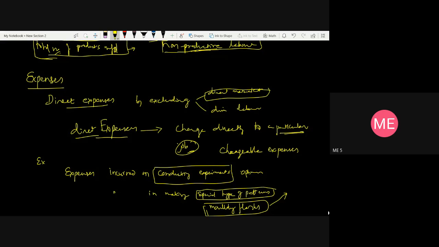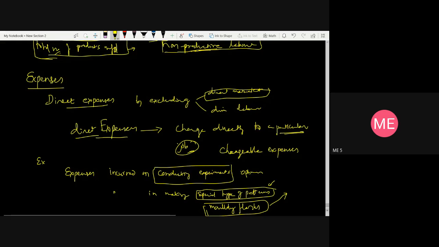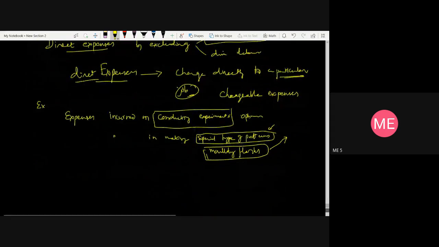That's why we excluded the material cost. In buying or making these patterns or molding flasks, all these costs are called direct expenses.